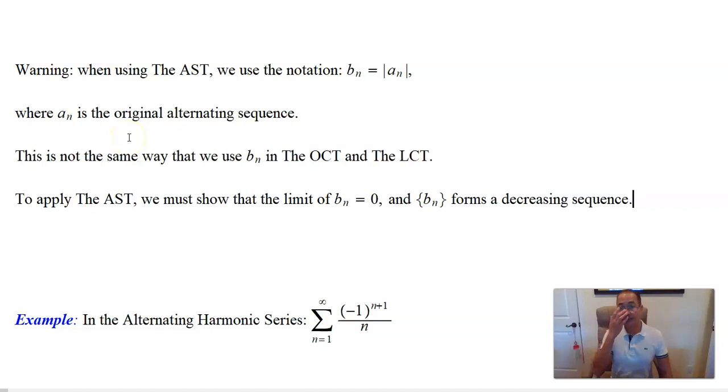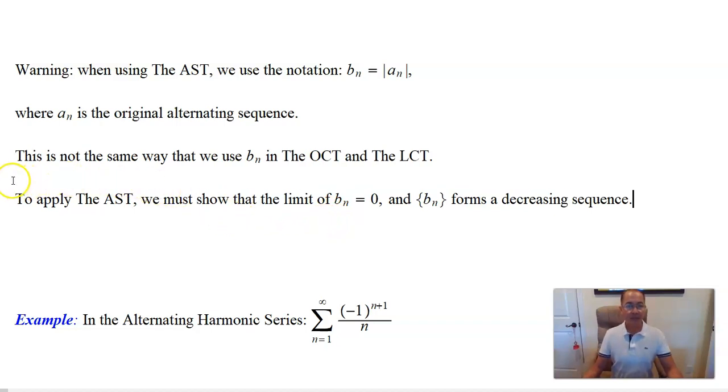It's also the original sequence in both the OCT and the LCT. Okay? But in the AST, the B sub n means the absolute value of A sub n. You ignore the negative 1 to the n. Okay? So this is not the same way that we use B sub n in these two tests. All right? Let me just warn you. They don't mean the same symbol. The symbol does not have the same meaning.